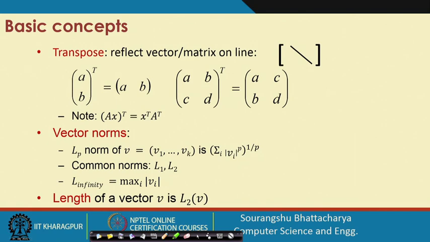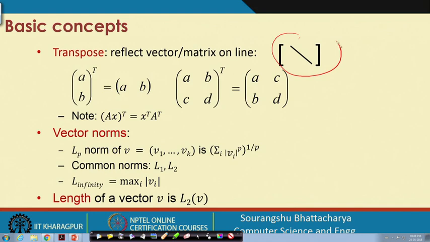Now, the transpose of a vector or a matrix is a reflection of the vector or the matrix along the diagonal line of the matrix. For example, the column vector (a, b) transpose becomes the row vector (a, b), whereas the matrix [a b; c d] transpose becomes the matrix [a c; b d].